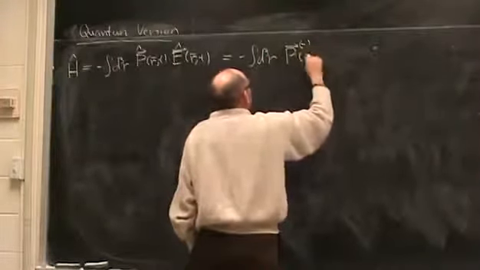I'll write this generically in the following way: a sum over some pairs of modes, which I'll just label i and j, some little coefficient h_ij, a_i dagger a_j. It will have that generic form.